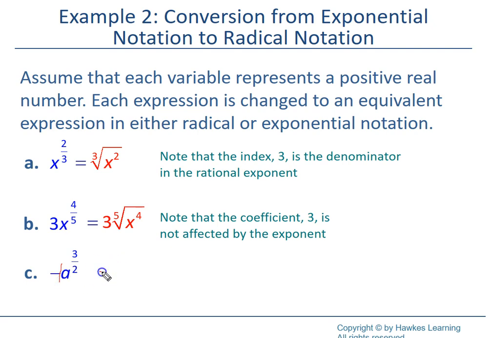So we put that -1 or just a negative sign there, and then we take the square root. The denominator becomes the index number, and the A is to the 3rd power. Now you don't usually write this 1 there.